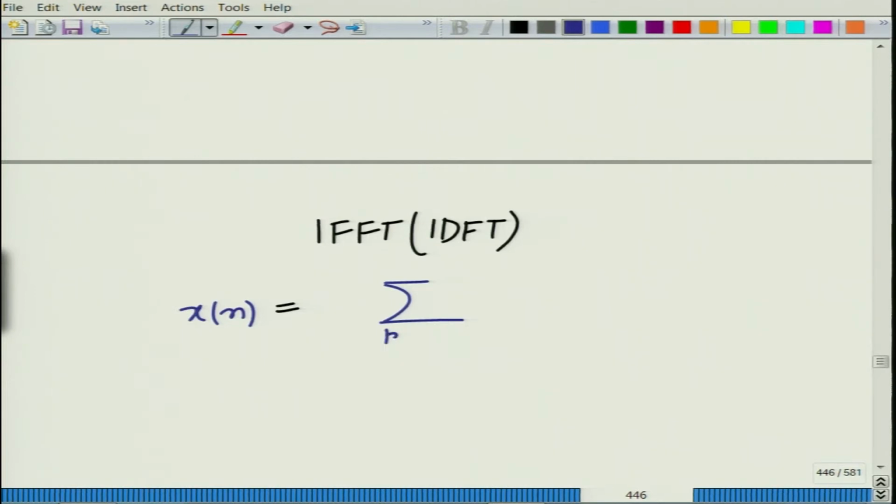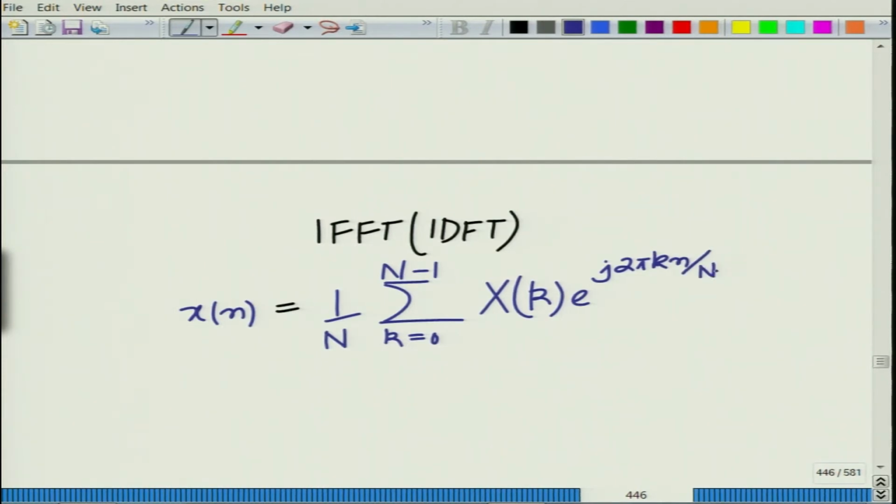So, this will be sum over k equal to 0 to N minus 1, 1 over N, X[k] e raised to j 2 pi k n over N, and once again this is defined for 0 less than or equal to n less than or equal to N minus 1.